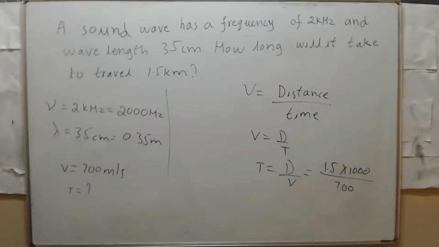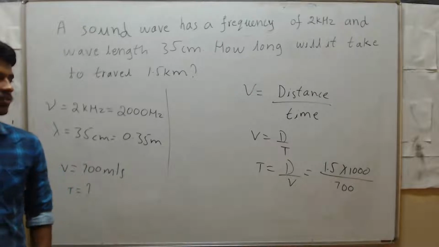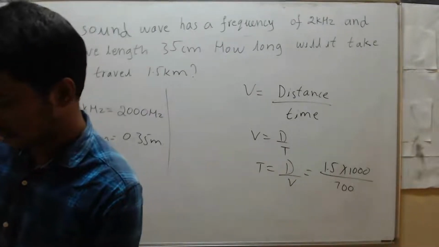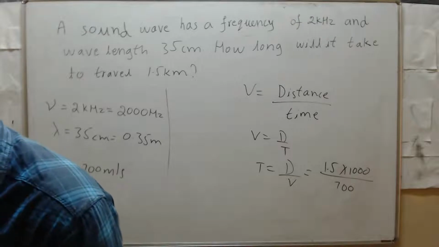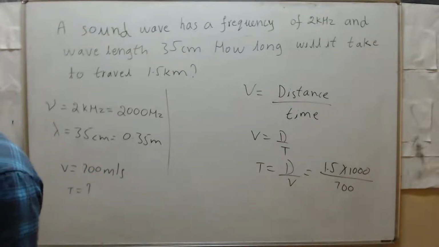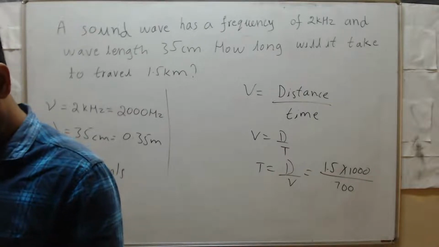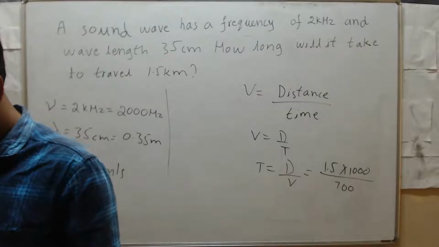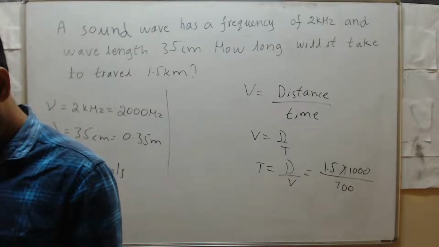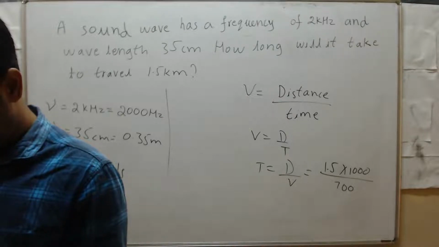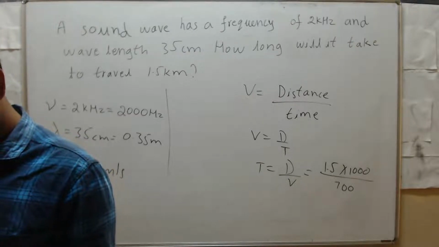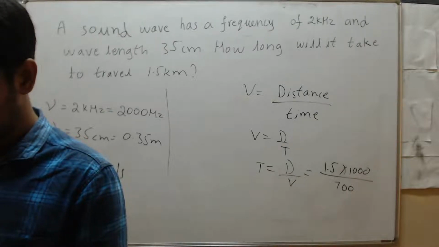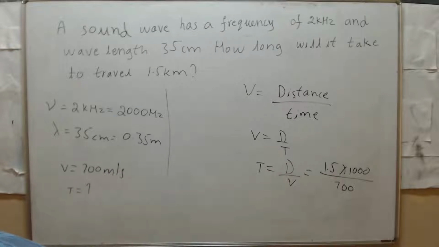So t equal to 1.5 into 1000 divided by 700. The answer is 15 by 7.